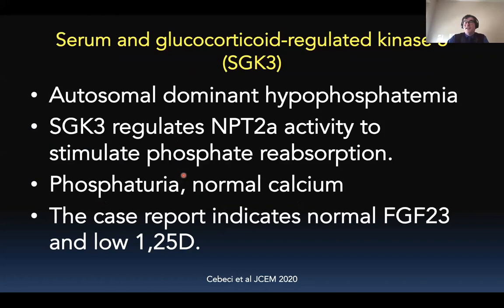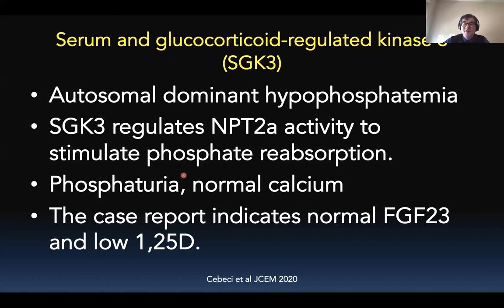Just recently, I think the electronic publication was in December, it's listed as in press in JCEM, a group reported a different autosomal dominant kindred, 3 generations that had hypophosphatemic rickets, and they screened for all sorts of other mutations, and all they found was a change in SGK3, which is a kinase that's in a lot of different tissues.